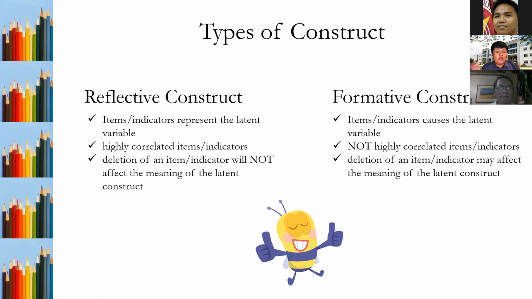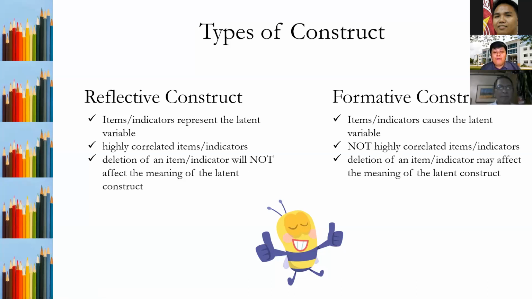For example, in a formative construct, let's say you have 5 items again, and we have the same construct, customer satisfaction, but this time we will be measuring it formatively. It means those indicators or items that measure customer satisfaction form the latent variable. Number 2, in a formative construct, all the items or indicators are not highly correlated. It means they do not move in the same direction.